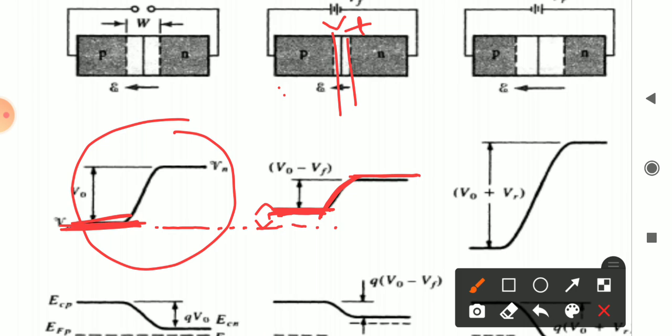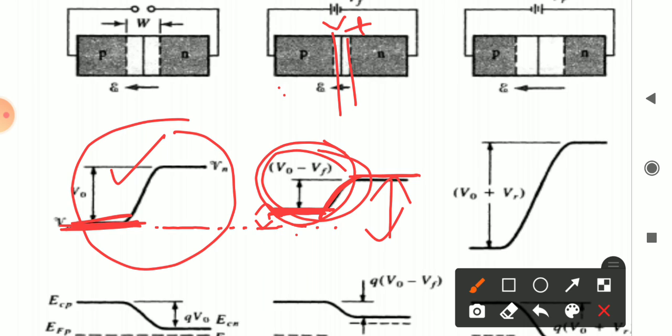Here the barrier height is V0 minus Vf. The total height that we know is V0, from this figure. So how much it is shifted is Vf. If we subtract that, that will be the height of the barrier potential.